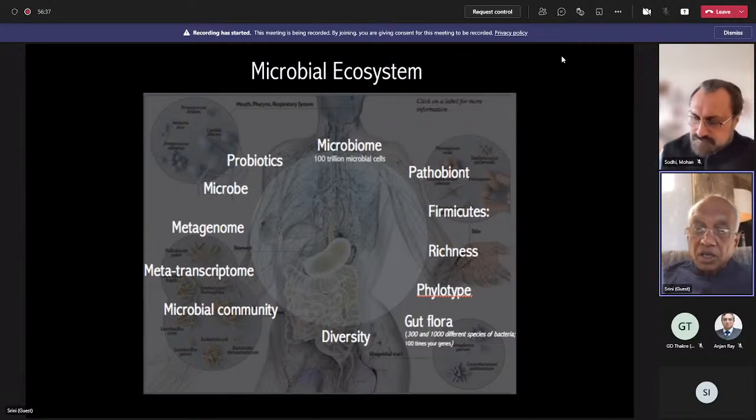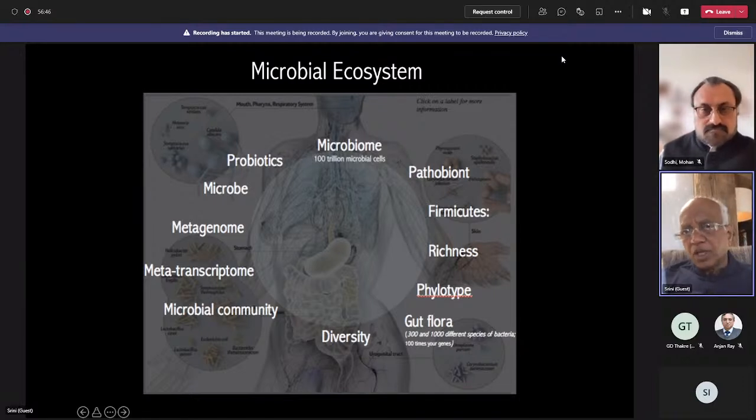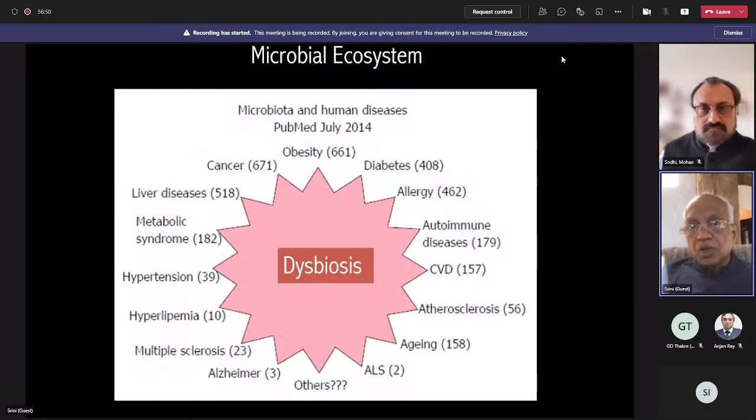I'll not go into the details, but in the last 20, 30 years, enormous research has been going on. And we know the different types of microbes that are there. And we have studied, and we know the relation between this and the diseases.